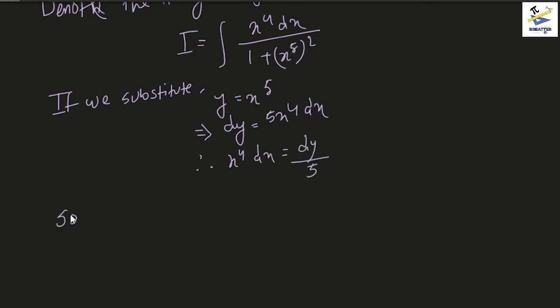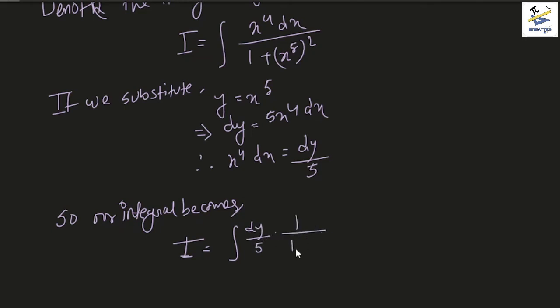So our integral becomes I equals the integral of, this thing becomes dy by 5, and the denominator just becomes 1 plus y square. So taking the constant outside, we get 1 by 5 times the integral of dy by 1 plus y square.